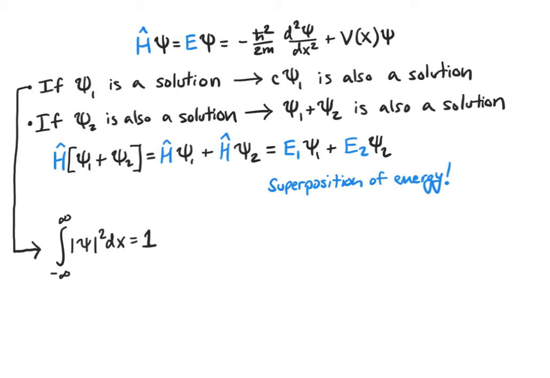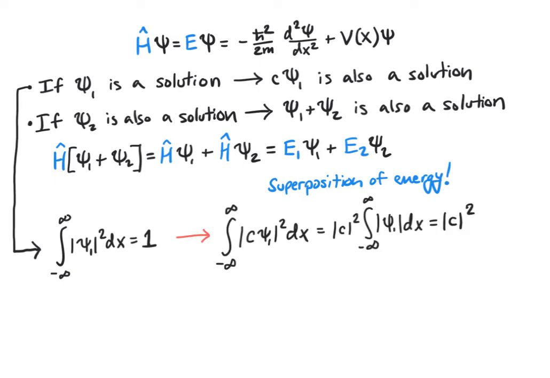If we use the Born rule to write down our normalization condition for our wave function, and if our initial wave function psi1 is in fact normalized, then unless c is a complex number with a magnitude of 1, c times psi1 will not be normalized. This tells us that the Schrodinger equation isn't the whole story. The Schrodinger equation doesn't tell us the wave function of a system. The Schrodinger equation tells us the wave function of a system up to some normalization constant.